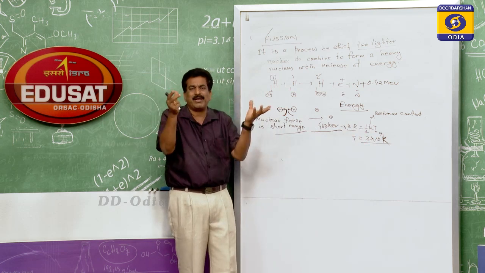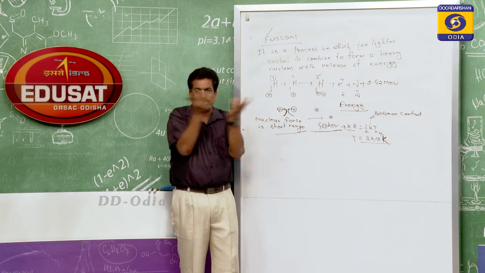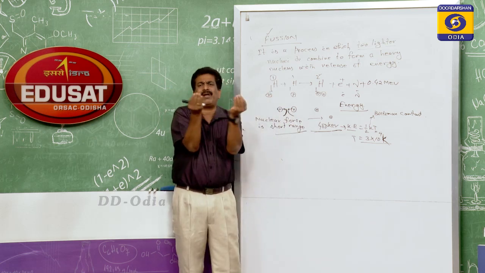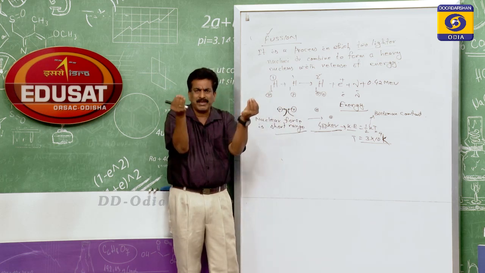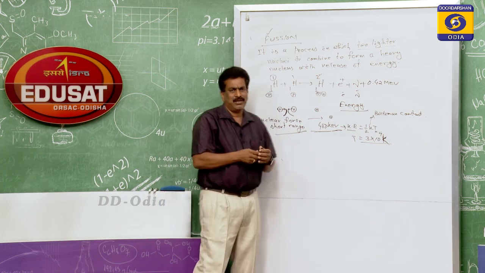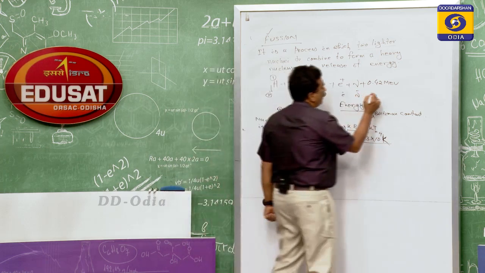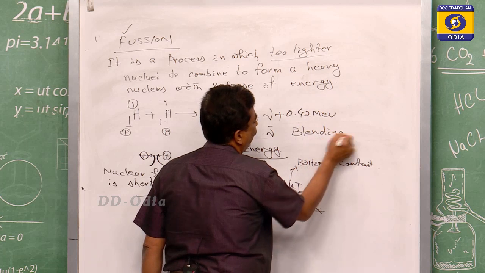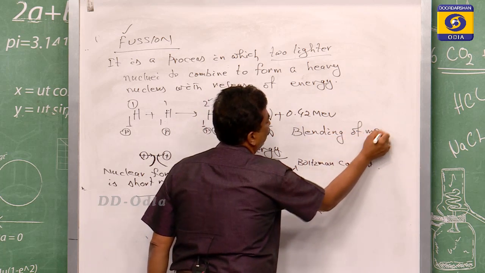When the temperature increases, there is a vibration. Due to that vibration, those two lighter nuclei will come very near to each other, and during that time there is a chance of their coalition. At that time it will give a blending of melting.